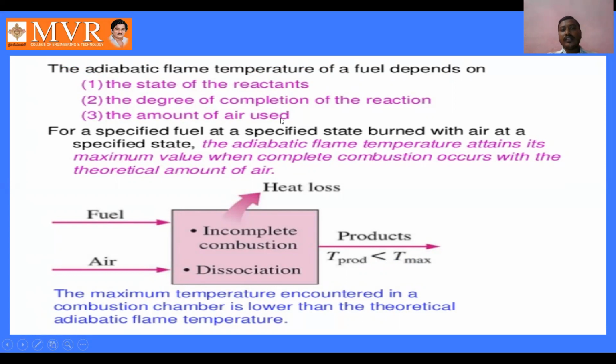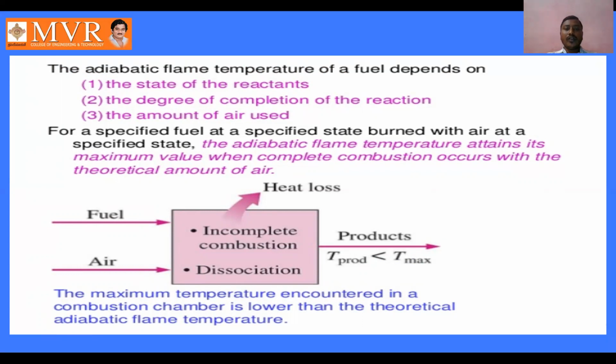The state of the reactants is how they are going to react here. The degree of completion of the reaction means whether complete combustion has been taken or not. And the amount of air: the required amount of air should be given for completing the combustion process.